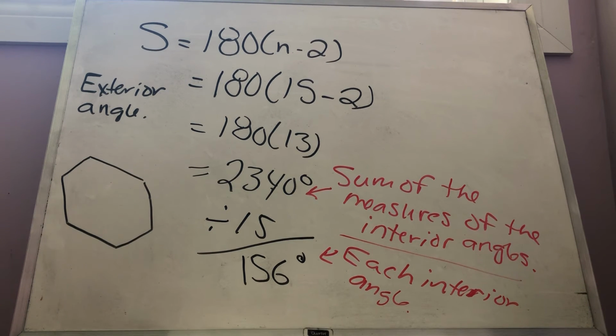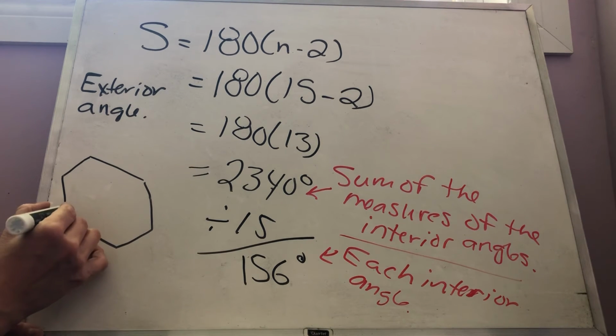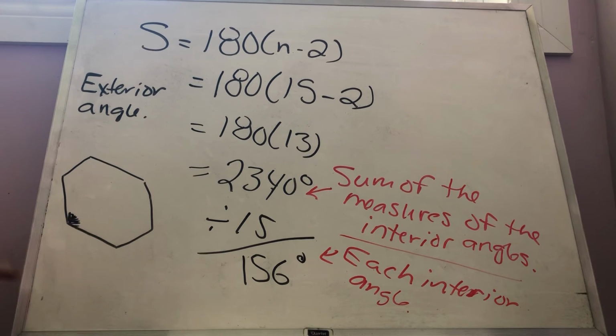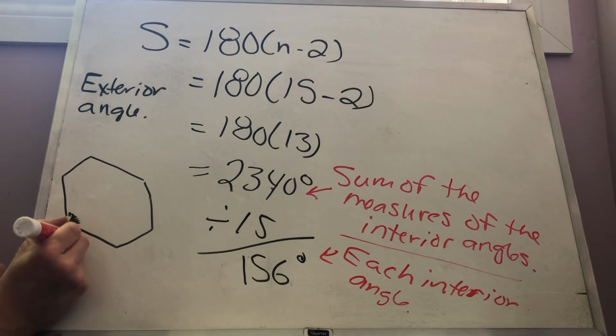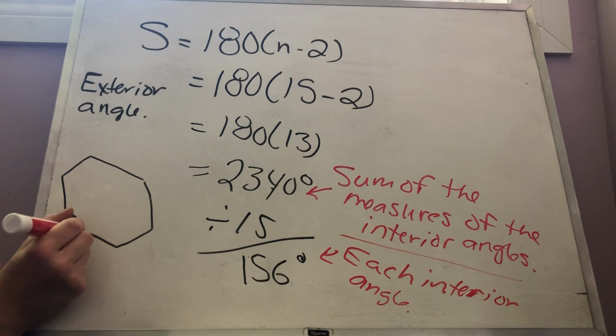So this is an octagon, but I'll draw you what an exterior means. So each interior would be here, of course. That's an interior angle. If you had to figure out the exterior angle, it's this. Exterior angle in terms of 180 degrees, so it would be that.